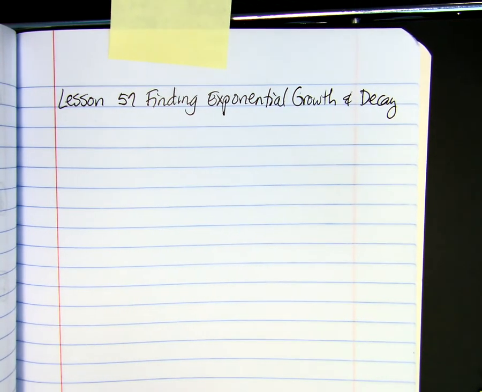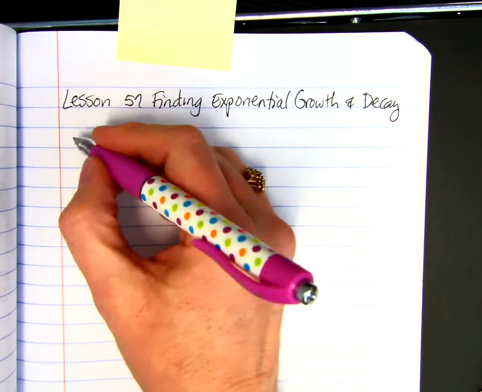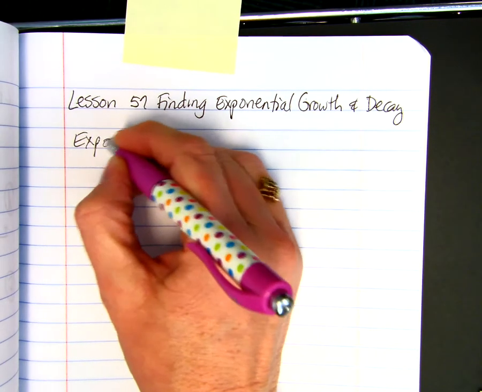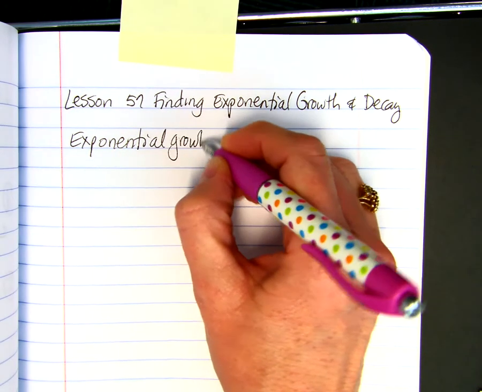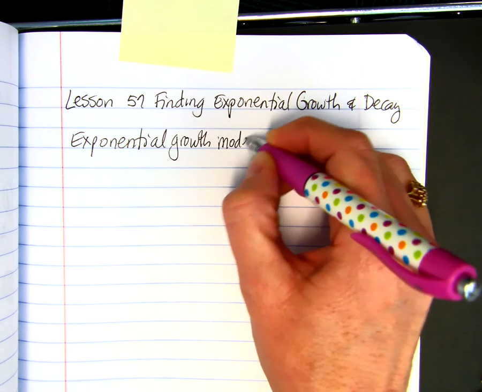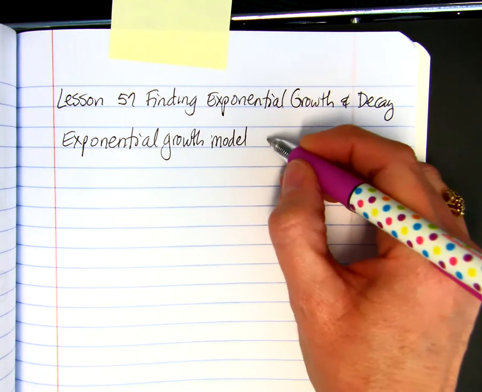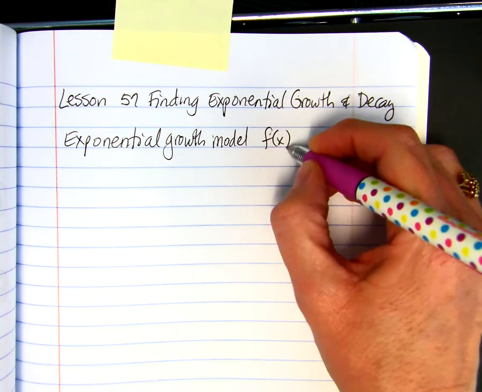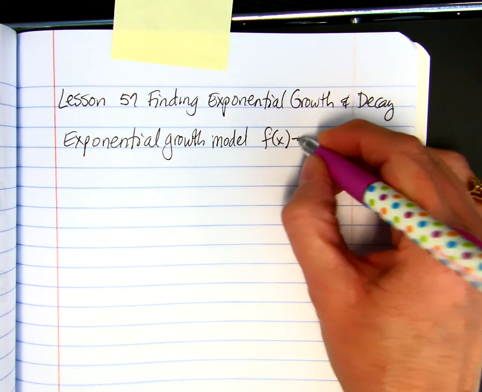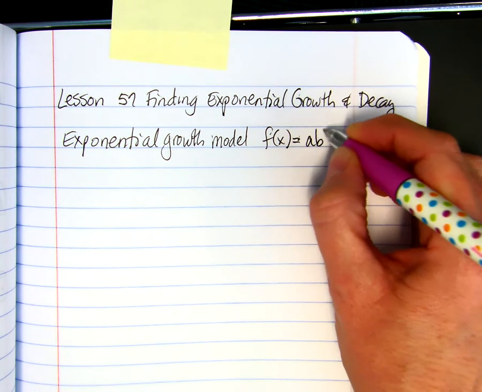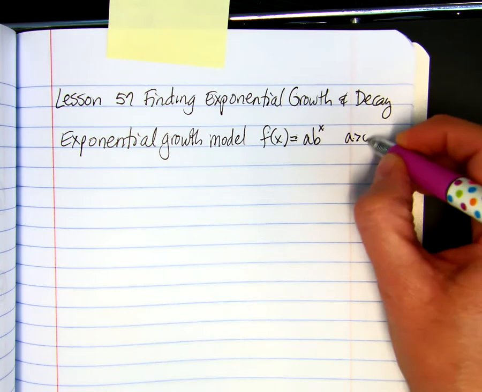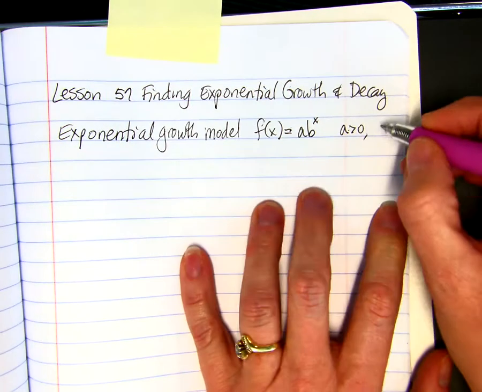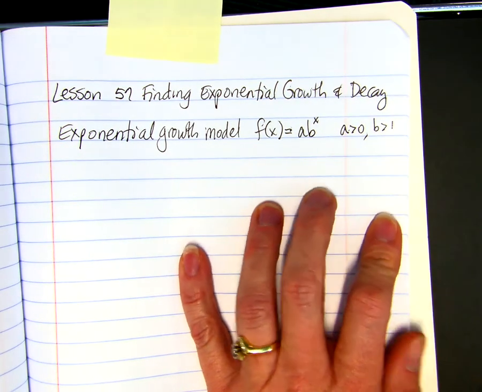So an exponential growth model looks like this. It's a function f of x equals a times b to the x, where a is greater than 0 and b is greater than 1.